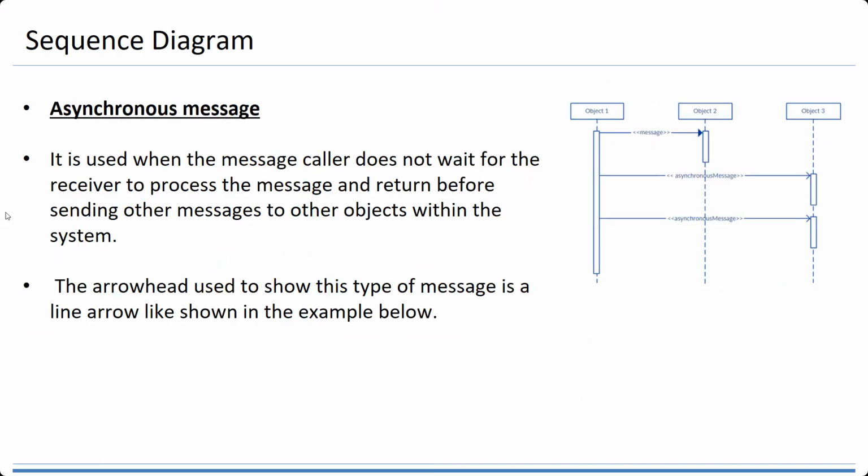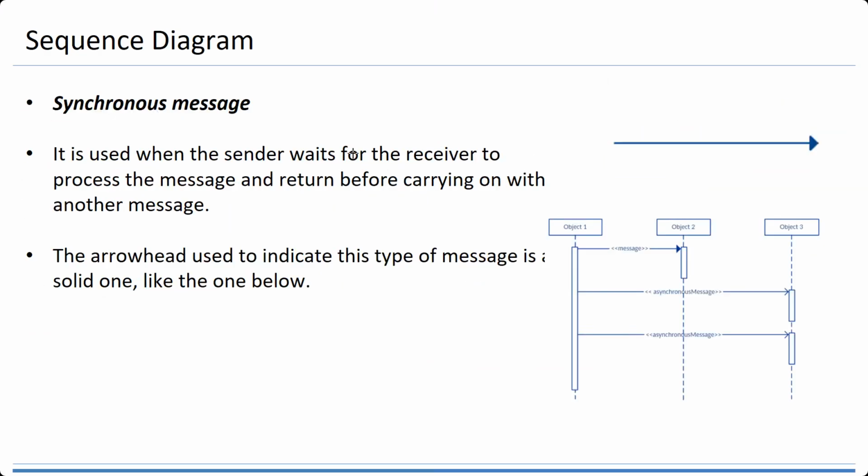Asynchronous message, we call it asynchronous means it is used when the message caller does not wait. So the keyword is "not". The previous one, when we are dealing with the synchronous, it is waiting.